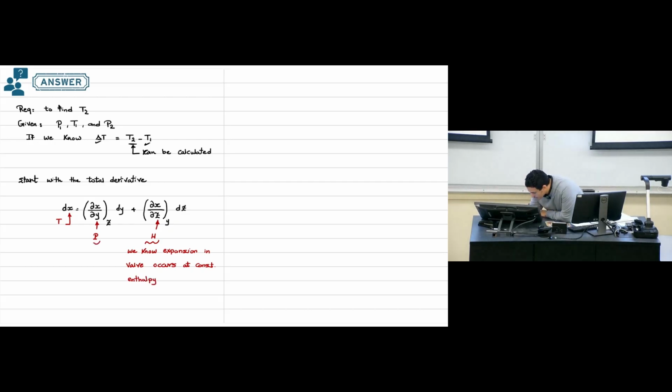And we select pressure because we know the inlet and outlet pressure.